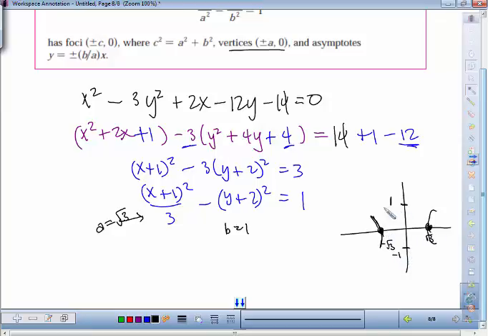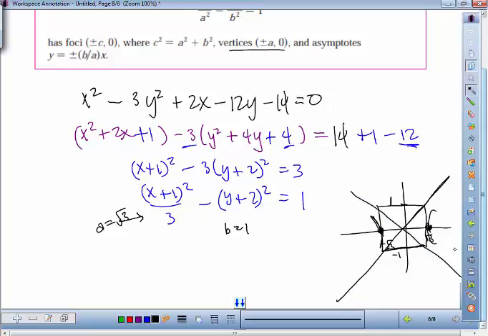And so what I like to do with the hyperbola is draw a box that has those values and then draw your line. It's essentially doing the same thing. It's drawing a line with a slope of whatever that slope is. And so that will end up being your asymptotes.